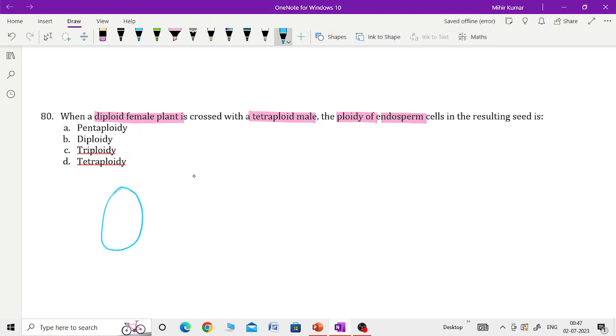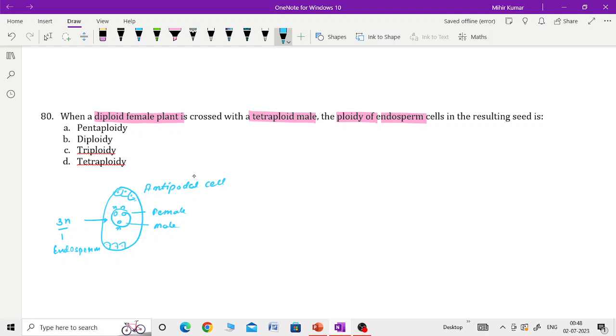In the normal seed, this is the egg cell, these are the synergids, and in the middle are the 2n polar nuclei from the female. One from the male side comes, and this will form 3n, and this is called the endosperm.